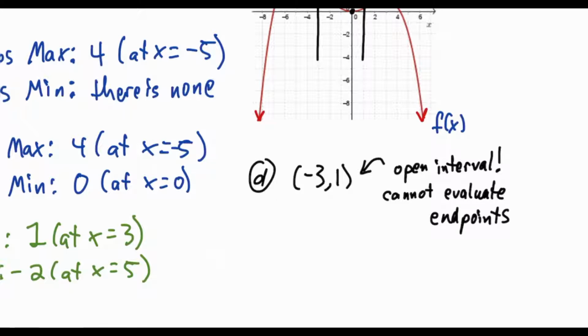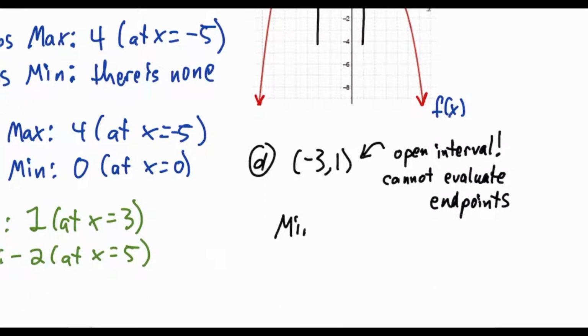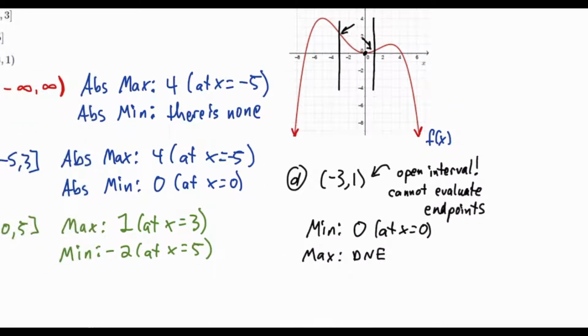So instead, I just focus on the minimum, which I saw occurred right here at 0, 0. So our minimum is 0 at x equals 0, and our maximum does not exist. So no maximum for this question.